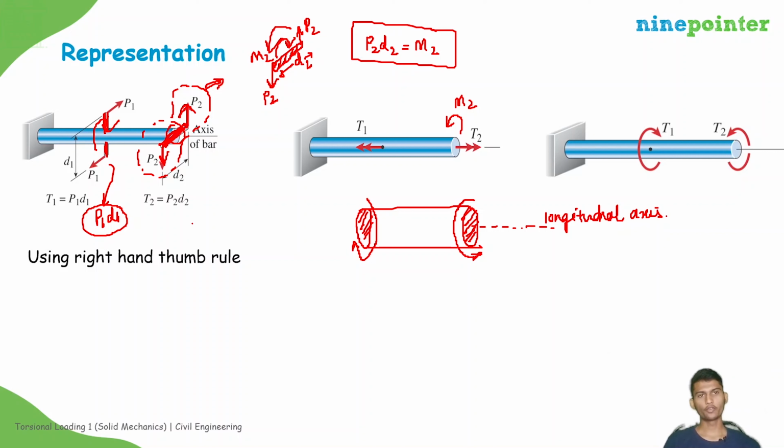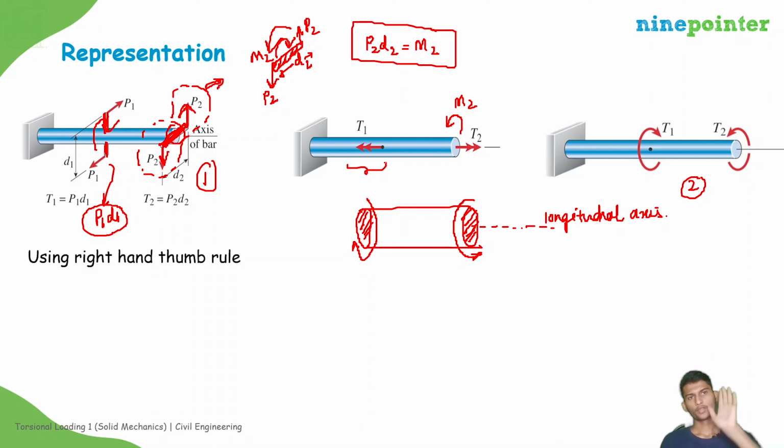So this is one type of representation, and this one is another type of representation, like this and like this. Another type of representation is the double-headed arrow. Using the right hand thumb rule, if the moment is rotating like this and your thumb is facing like that, then the double-headed arrow should face in that direction.